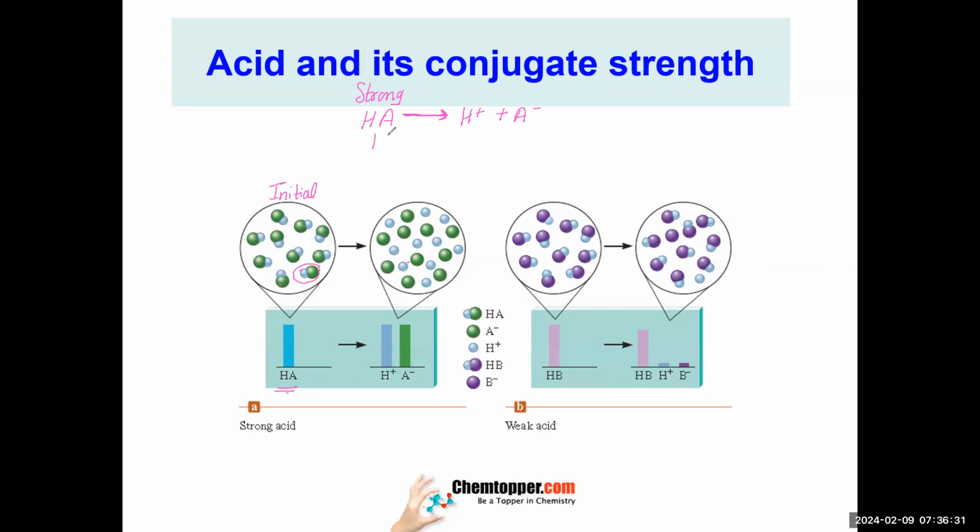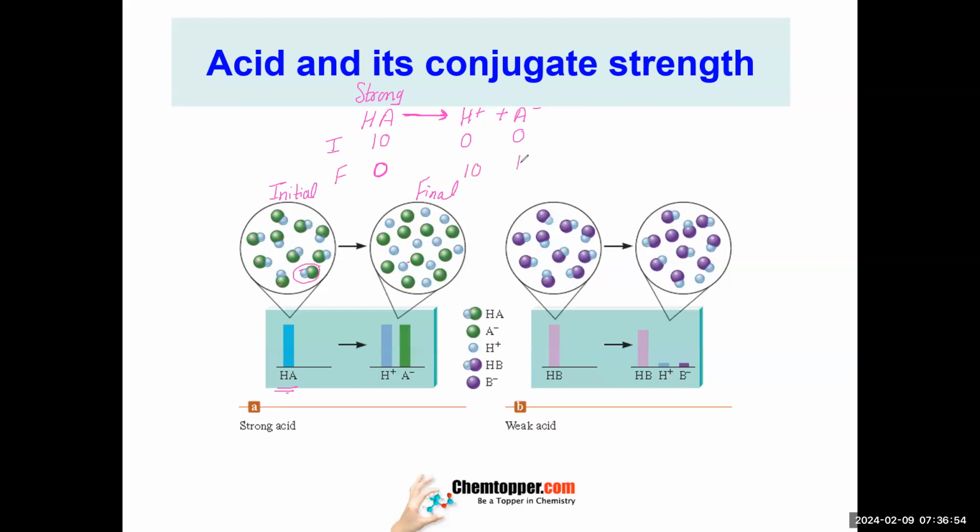There are 10 initially. This is initial. In this initial, do we have any H plus? No. 0. A minus 0. But finally, this is final. How much HA? 0. How much H plus? 10.